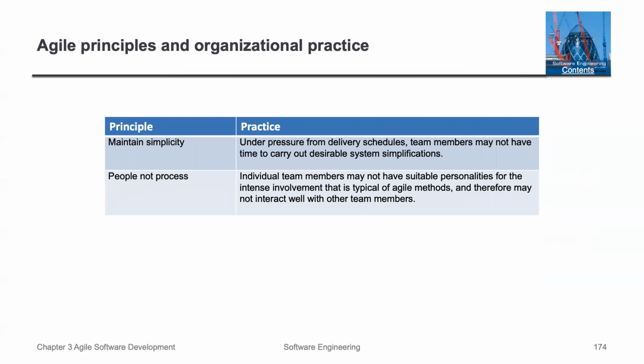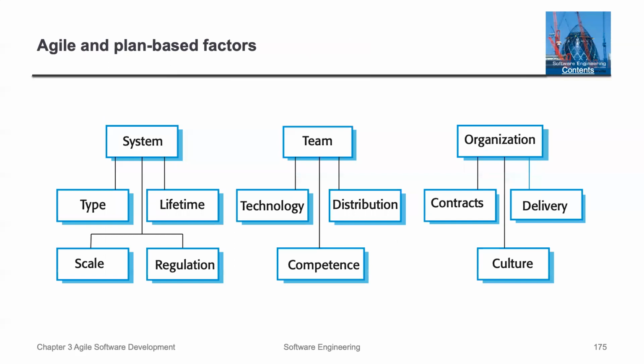You want to be able to maintain simplicity. Under pressure, simplicity is going to be your friend. You want to be focusing on people and not process. The people are what are actually developing the code, and so the individual team members are important, and trying to work that out.